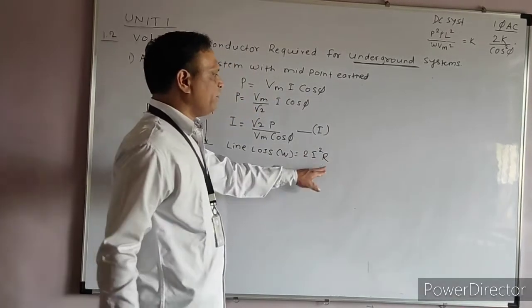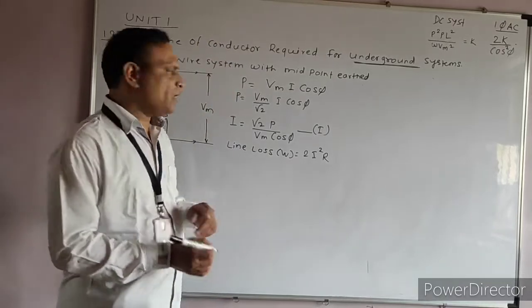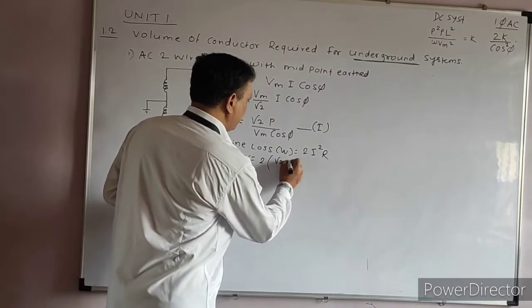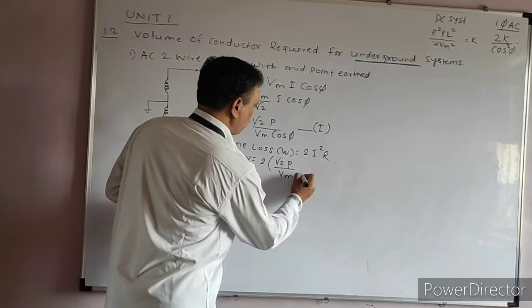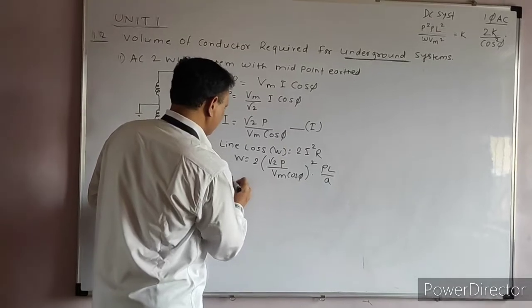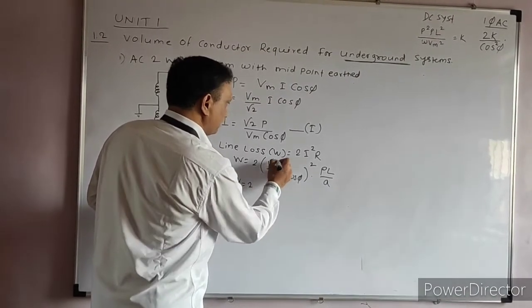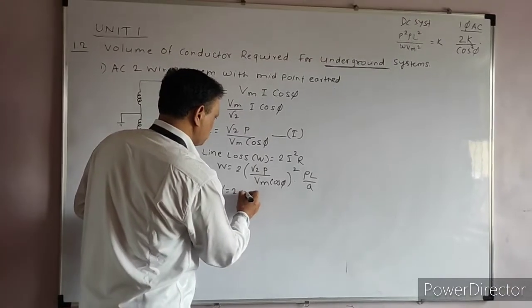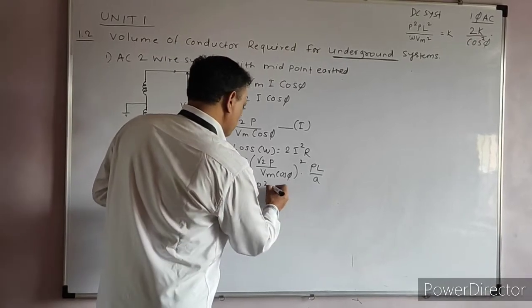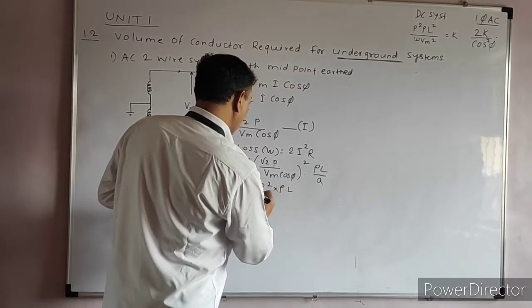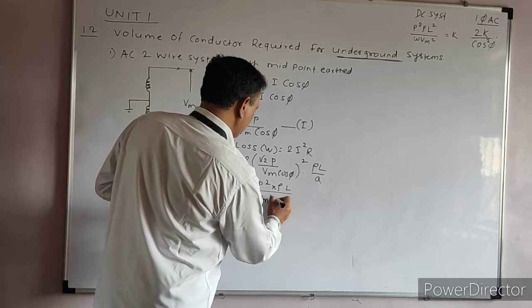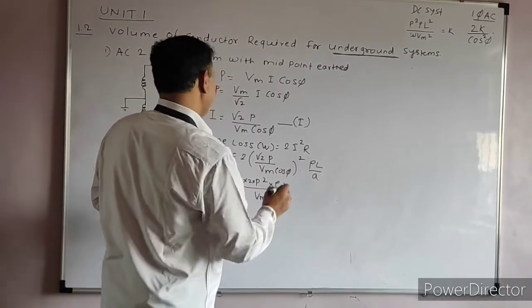Now you always keep in mind, the value of R I am going to take is ρL upon A. So W is equal to 2 into I, which is root 2 P upon Vm cos φ, this bracket squared, into ρL upon A. If you simplify this, you will get W is equal to 2 into, again root 2 squared is 2, P squared, ρL upon Vm squared cos² φ.